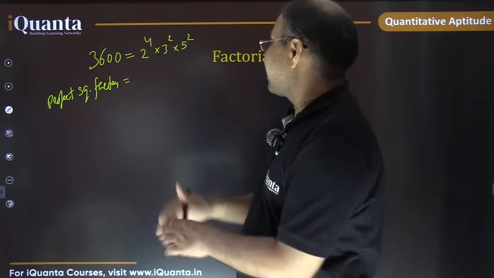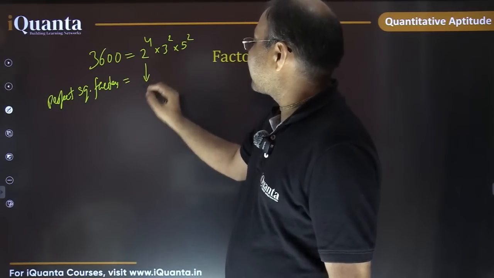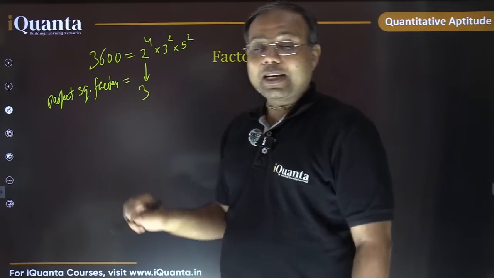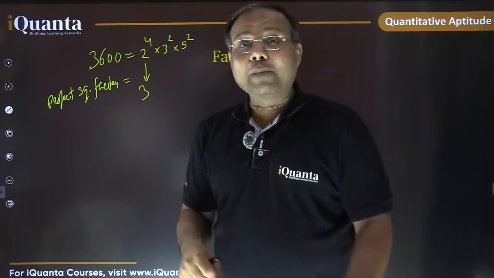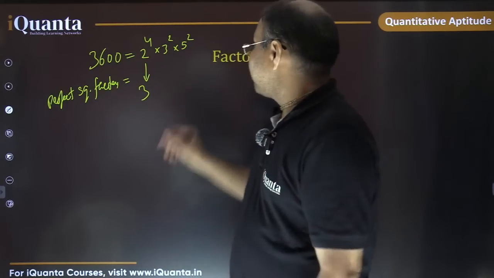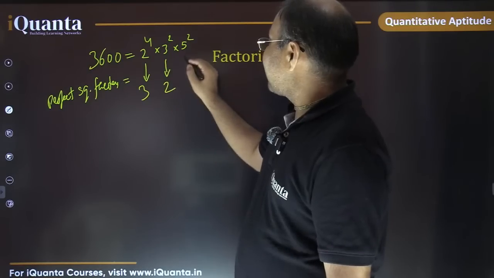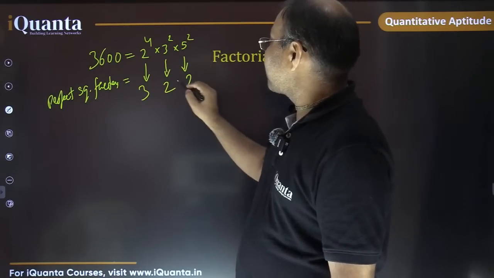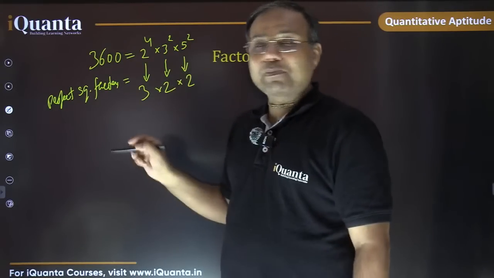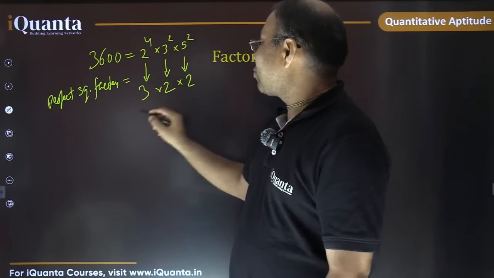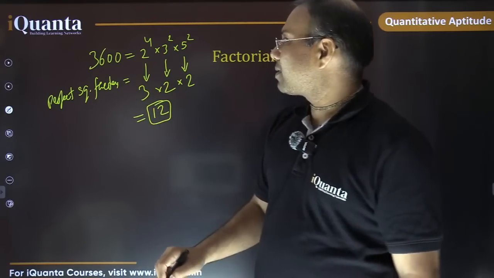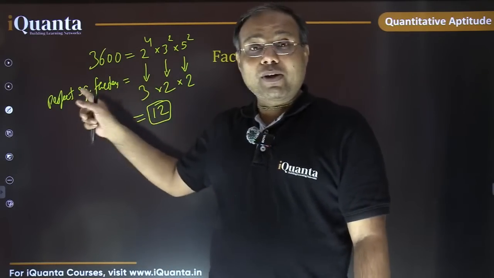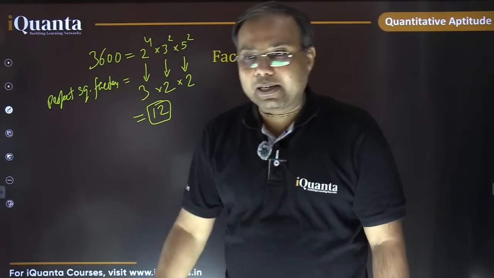There are 3 possible cases. And for powers of 3, there are 2 ways, 3 power 0 or 3 power 2. And the same way for powers of 5 also, there are 2 ways possible, 5 power 0 or 5 power 2. I just need to multiply that to get my answer, that is 12. So there are exactly 12 factors which are perfect squares and which divide this number completely.